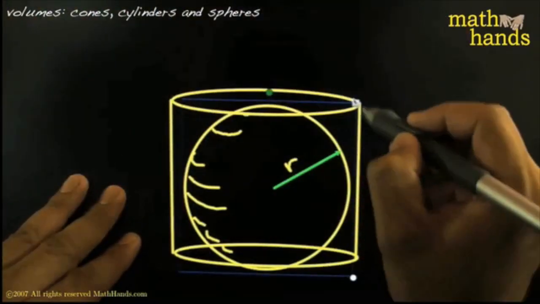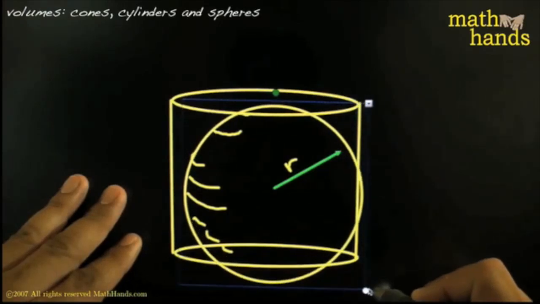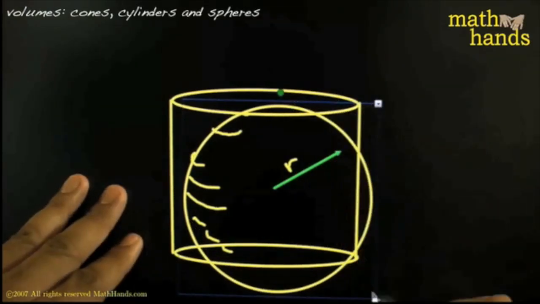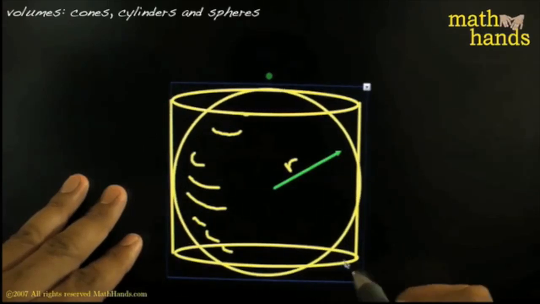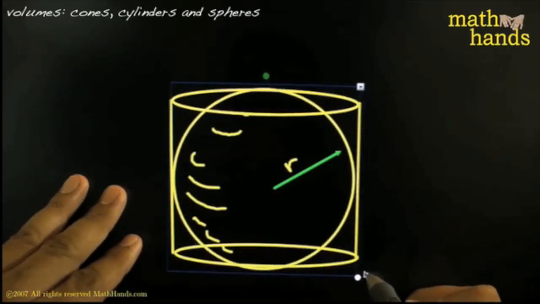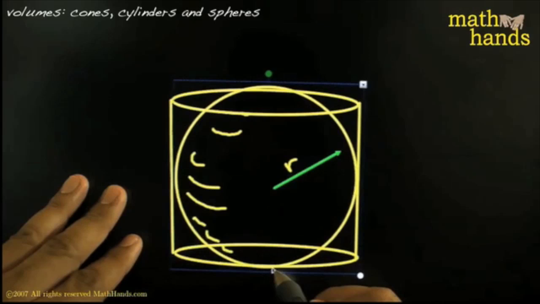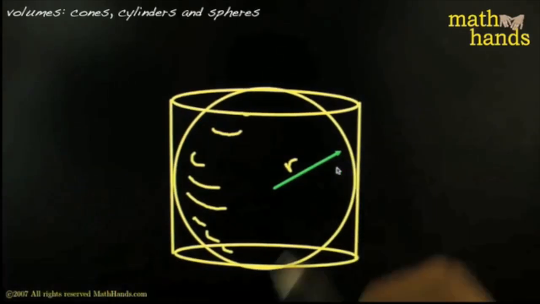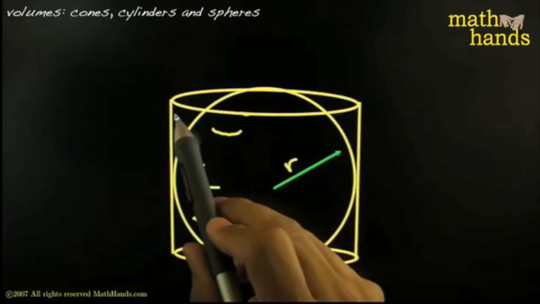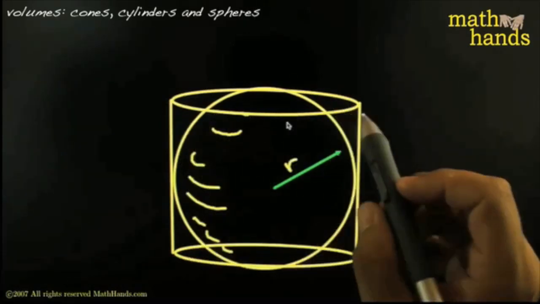Let me see if I can make it just a little bit bigger and maybe move it to fit right in there. It's completely inscribed. Yeah, I know my drawing is not perfect, but take my word for it, it's inscribed. So the question is, which has more surface area, the sphere or the cylinder?